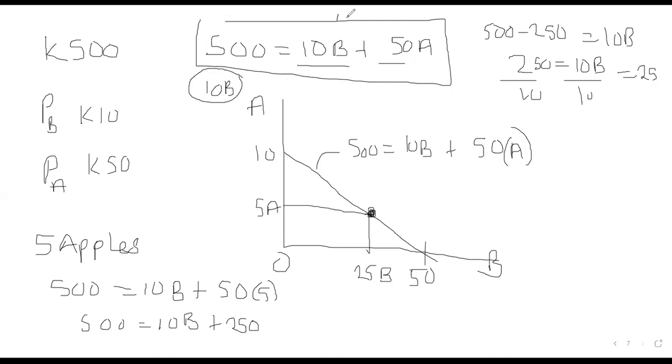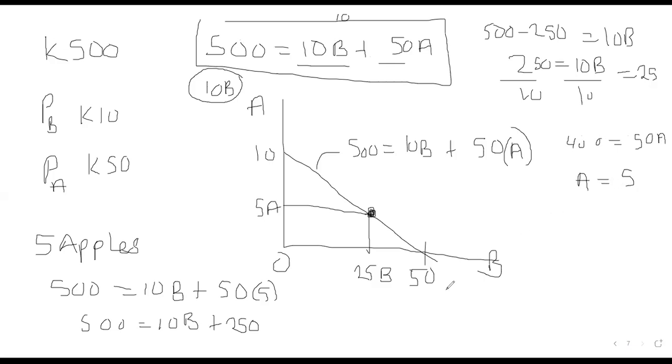So here we put 10 there. So we're going to have 500, this is 100, this is 50A. So this 100, when it goes to the other side, it will subtract. So we're going to have 400 is equal to 50A. So to calculate how many apples we're going to have, we divide both sides by 50. So our apples will therefore give us 8.